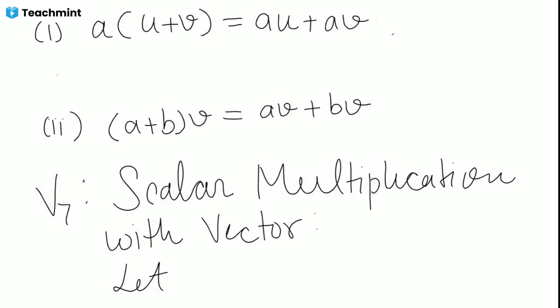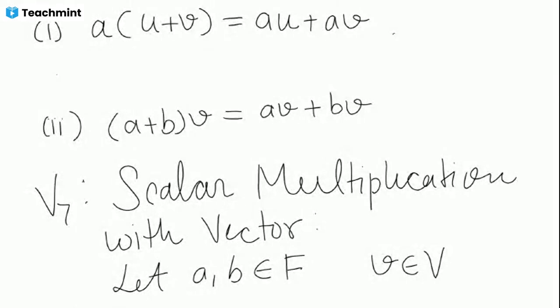Let a, b belong to the set of scalars, this field, and v belongs to the set V. Then the scalar multiplication, the product of scalar and vector, a into v must belong to V, and a into b into v must be equal to a into b into v.